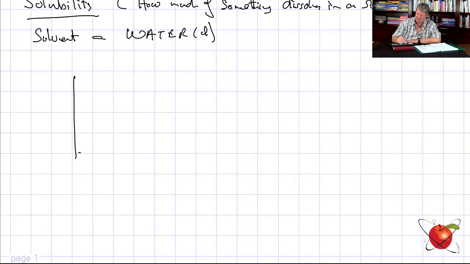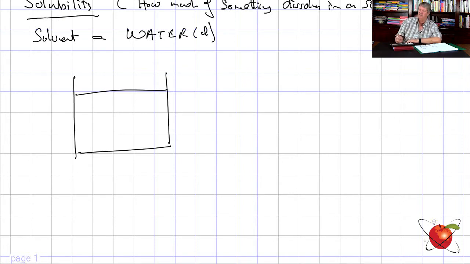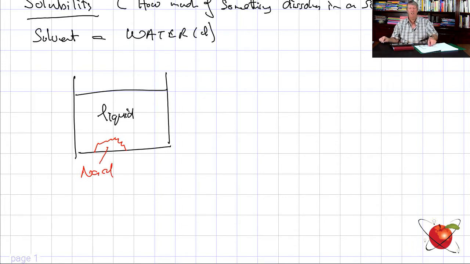Before we start, let's just consider what we're talking about here. This little investment of your time is well worth it before you get to the nitty-gritty. Because when you get to the nitty-gritty of solubility products, you're going to be asked to find, will something precipitate out or won't it? We have here a solvent, our liquid. If I now put a pile of salt in there, that is NaCl. You know that salt dissolves in water.